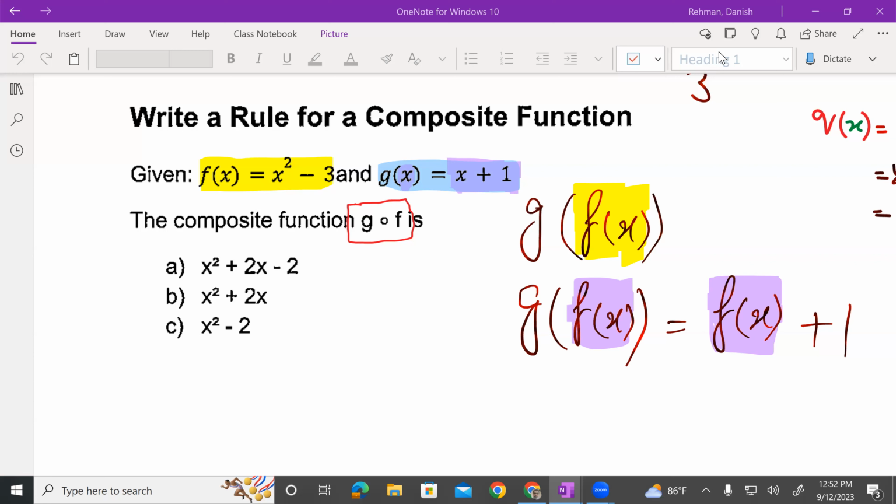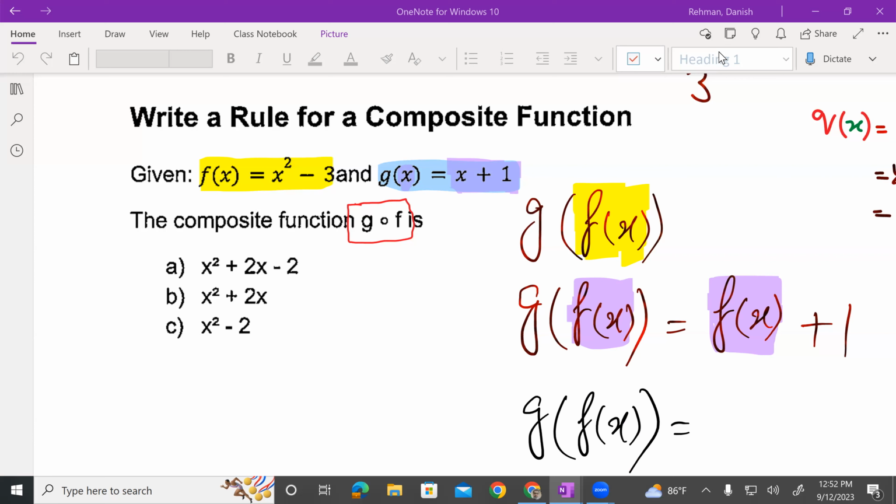Let's apply now the function f of x itself. What will that do here? I'm keeping the left-hand side exactly the same. Nothing changed over there. What is the f of x? The function f of x is actually x squared minus 3.